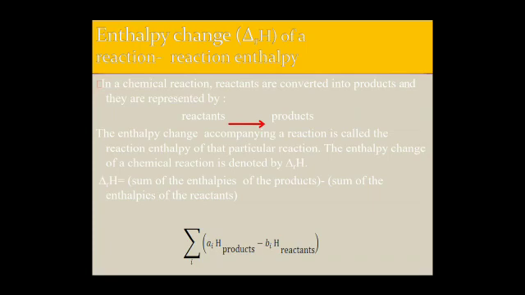The enthalpy change accompanying a reaction is called the reaction enthalpy of that particular reaction. The enthalpy change of a chemical reaction is denoted by delta rH. Delta rH is equal to the sum of the enthalpies of the products minus the sum of the enthalpies of the reactants.